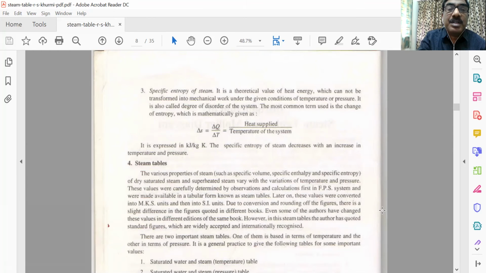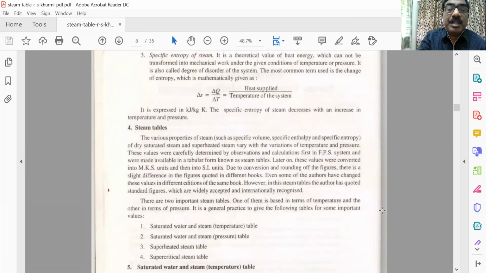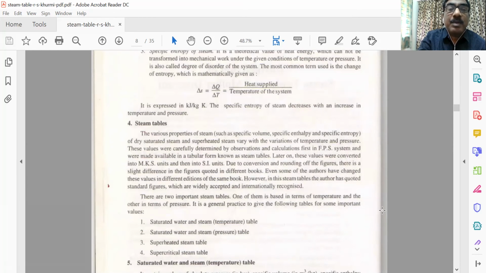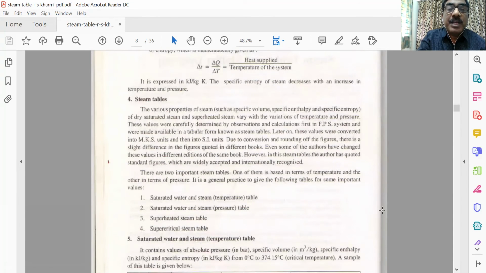So in SI units, it is kilojoules per kg Kelvin. You have to be very clear about what these properties are and what the units are. And you have to calculate enthalpies at each and every state by using the steam tables or Mollier charts.